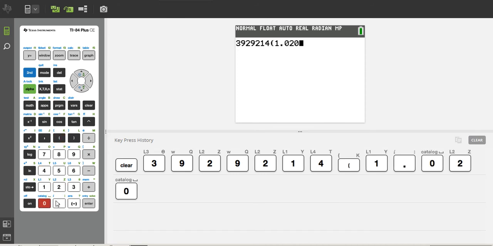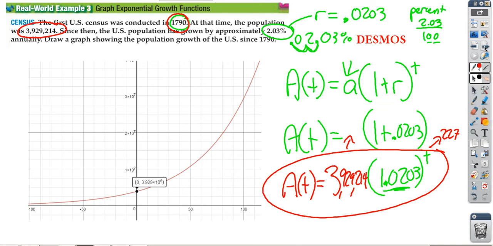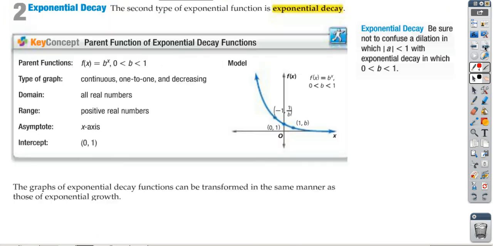Put the parentheses so the calculator doesn't get confused by the order of operations. And then we'll raise it to the x, because x and t mean the same thing. Actually, we're going to raise it to the 227, because that's the number of years after 1790. And we get this huge number here, 376 million. So it's a little bit off because our current population is about 320 million, but it's still a decent predictor.